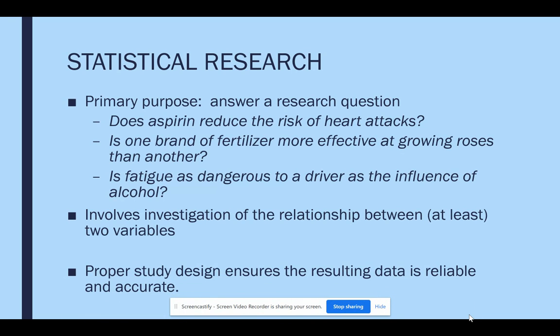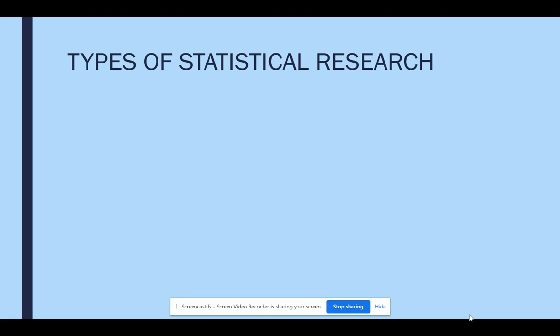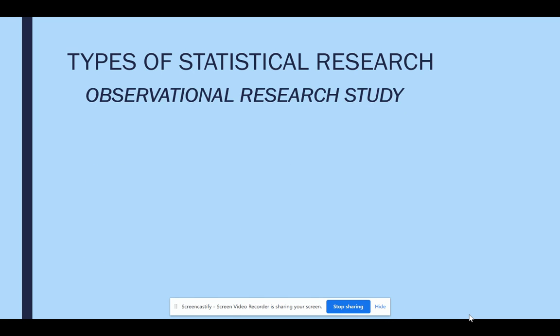And it's important that you set up your study from the beginning of the process because that proper design ensures that your results are going to be reliable and accurate. There are 2 primary different types of statistical research that is usually conducted, 2 broad categories. The first of those is called an observational research study.